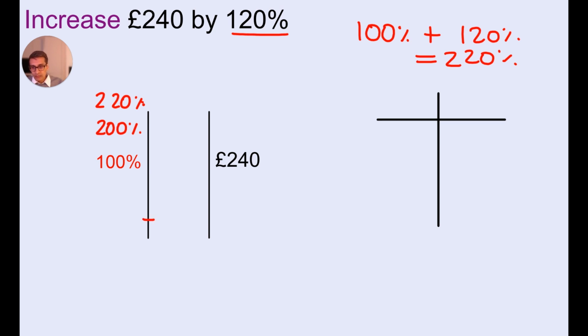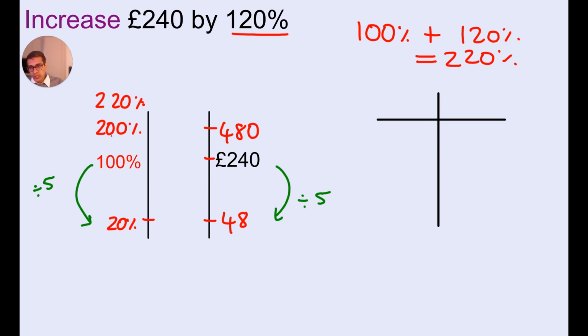Let's work out 20%. So 20% is going to require us to divide by 5. We're going to do the same thing here, divide by 5. That gives us 48. 200% is going to be double, so double 240 is 480.